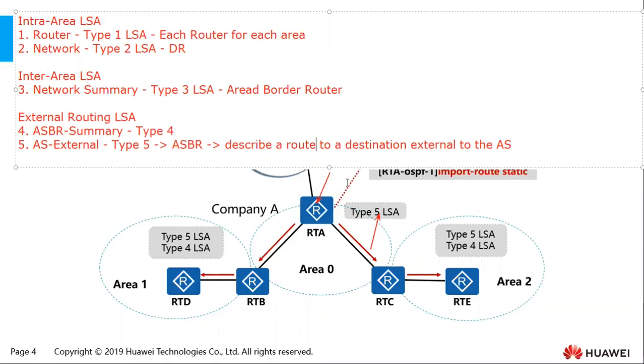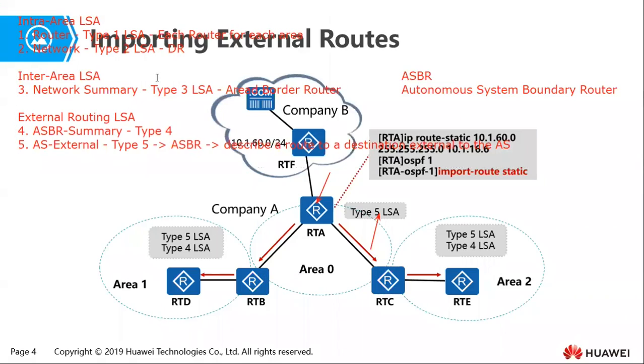Now, when an ABR receives a type 5 LSA, like here, RTB has received a type 5 LSA, and also RTC has received a type 5 LSA, what they do is forward the type 5 LSA to the other area which they are connected to, but they also generate what we call a type 4 LSA.